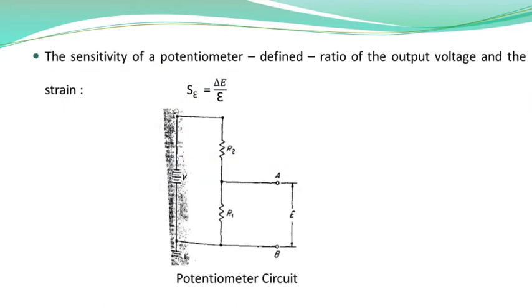Therefore, sensitivity of potentiometer is defined as the ratio of output voltage to strain. That is, S epsilon is equal to delta E by epsilon, where S epsilon is the sensitivity of potentiometer, delta E is the output voltage and epsilon is the strain.